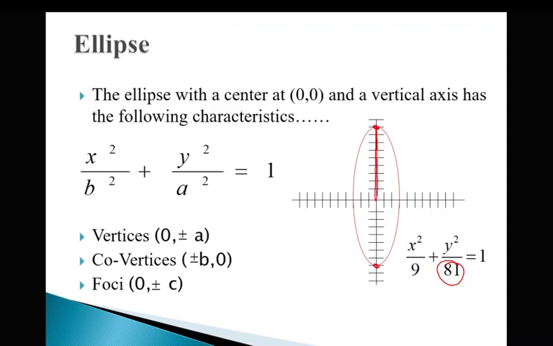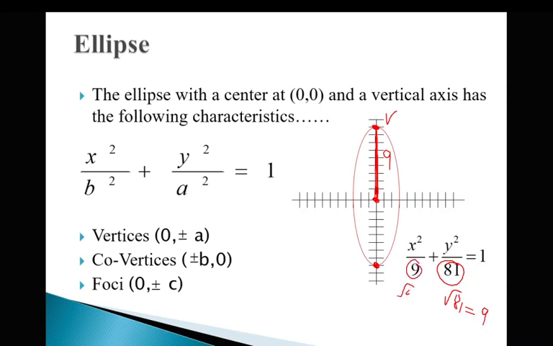So for instance, this distance right here is 9, because the distance from the center to my vertices is a. This is a squared, so the square root of 81 equals 9.